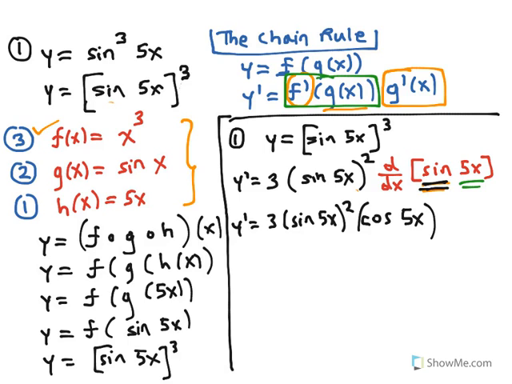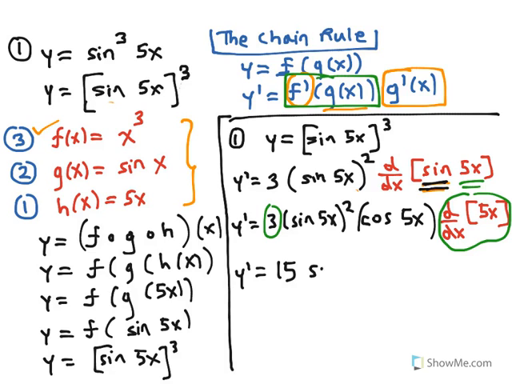Then, using the chain rule again, I multiply by the derivative with respect to x of the inside function 5x, which is, of course, 5. So my final answer: I have this 3 here, the derivative of 5x is 5, and 5 times 3 is 15, so I write 15 sine squared 5x times cosine of 5x. And that's my final answer for this problem.